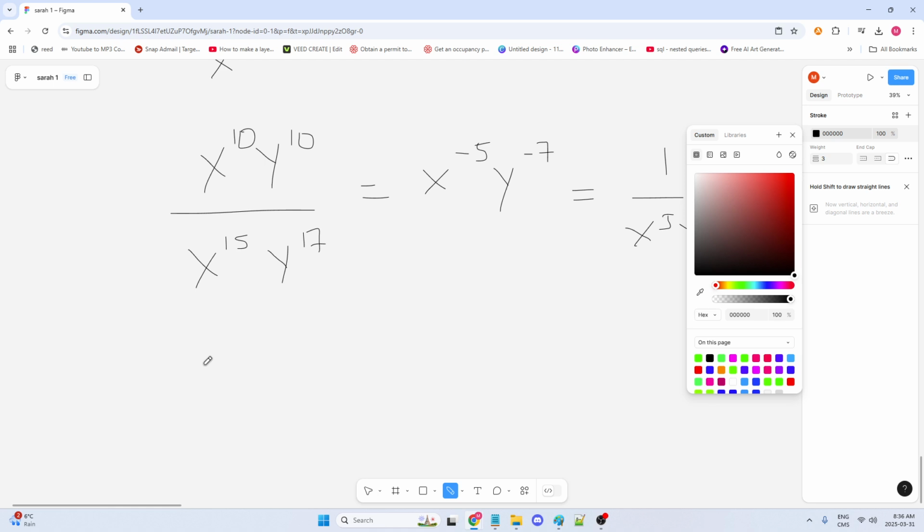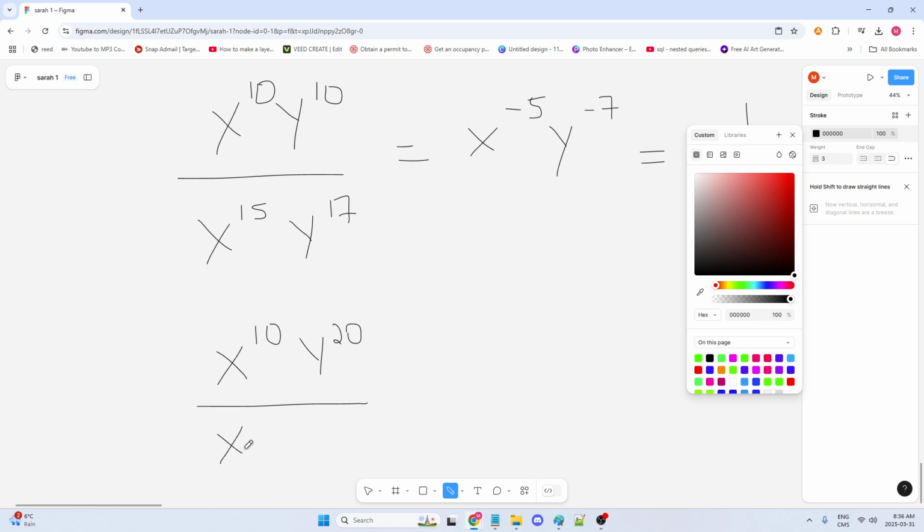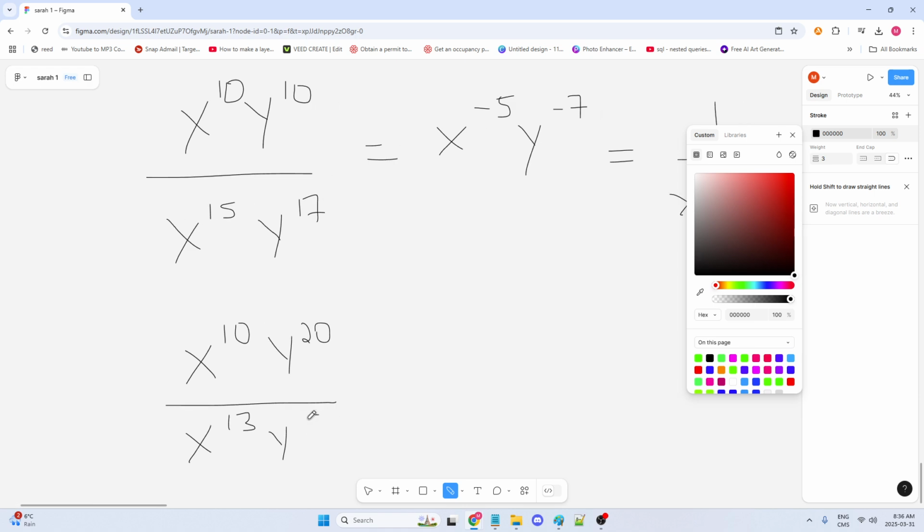Let's try the last one. So x to the 10 and y to the 20 over x to the 13 and y to the 8.